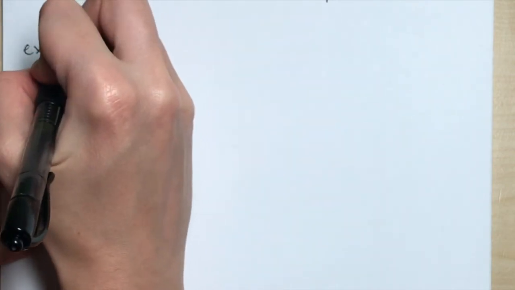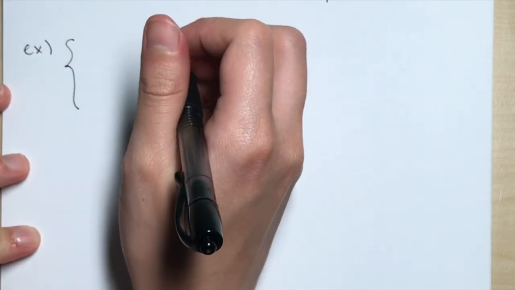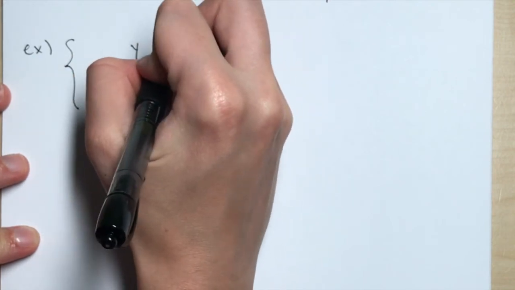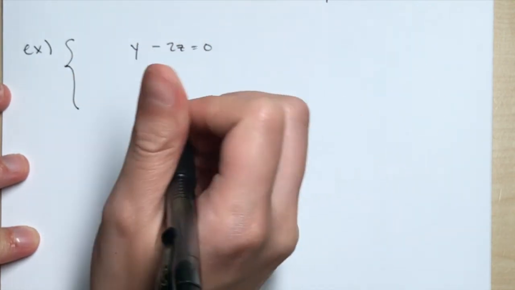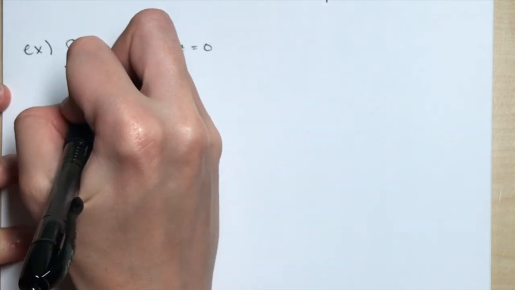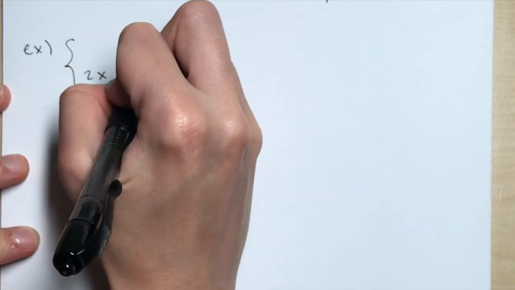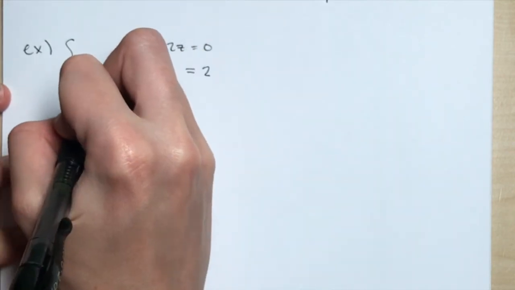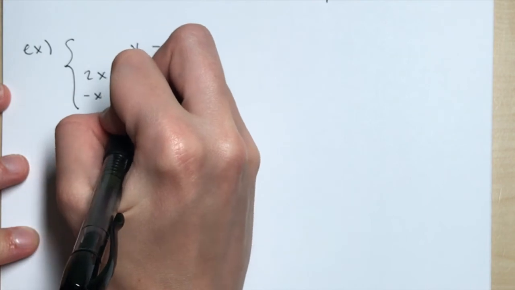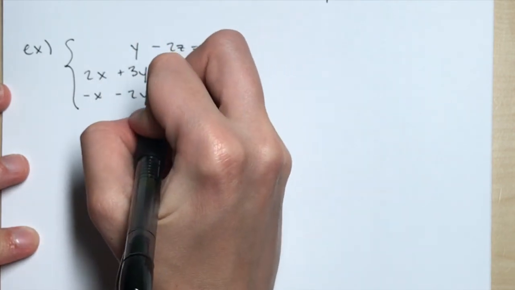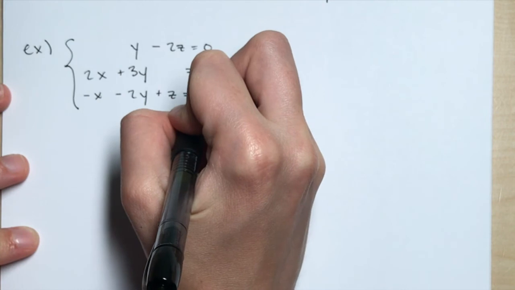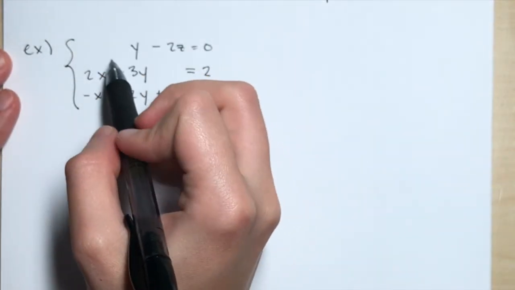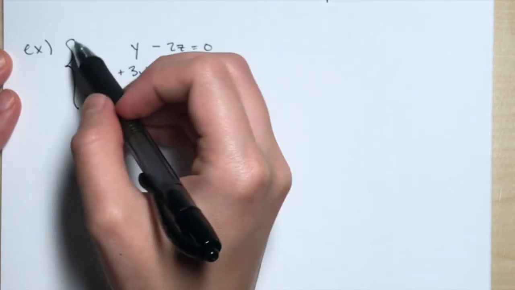Let's say we have something like this. So we've got x eliminated in this first one.